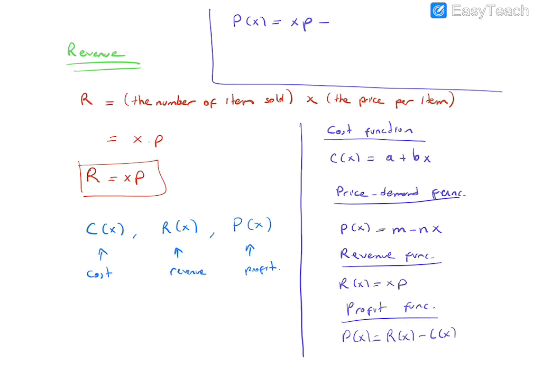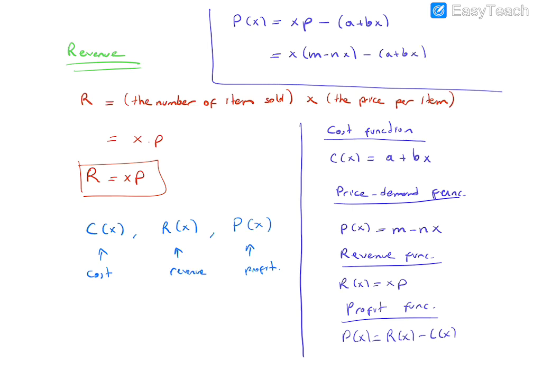So X times p minus the cost, which is A plus BX. So now instead of the price, we can use the price demand equation. So we can write M minus NX. So the profit function equals X times (M minus NX) minus (A plus BX).